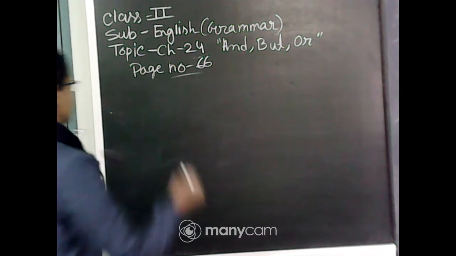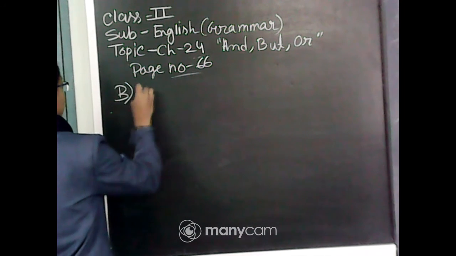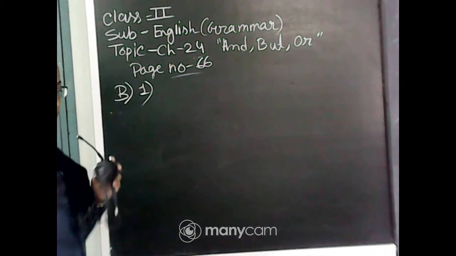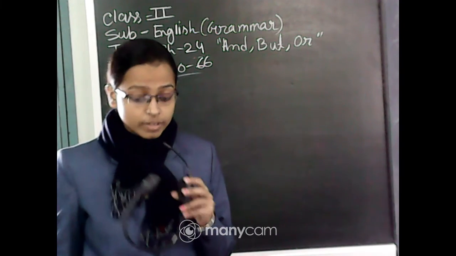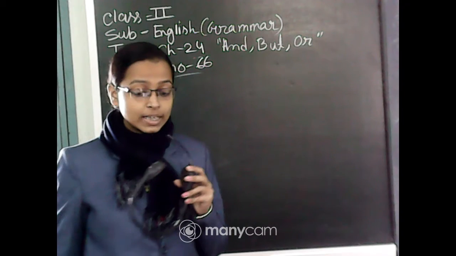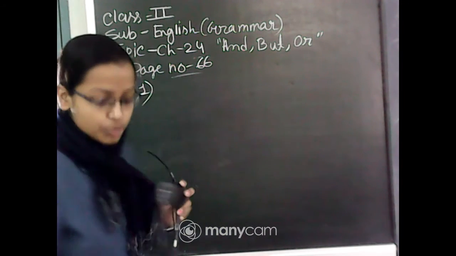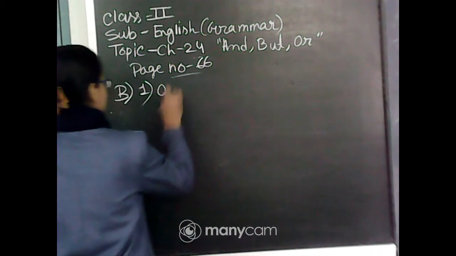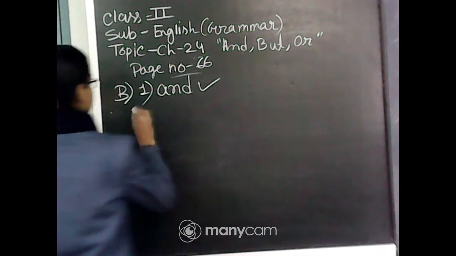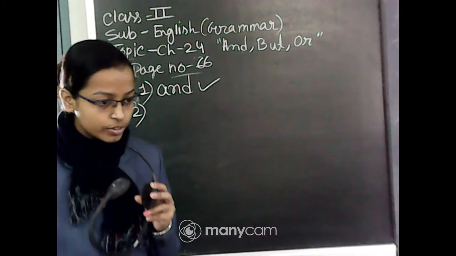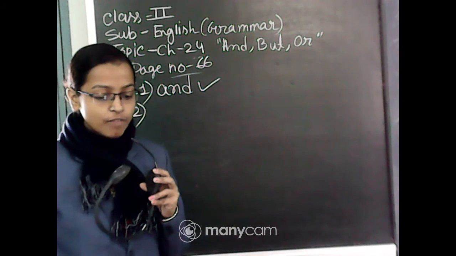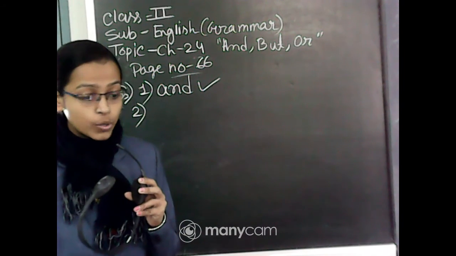Okay, B part. I will just write the answers. Okay. So I have number 1. I have one brother and one sister. So here the correct option is and. Right. Number 2. I have one brother but no sister.